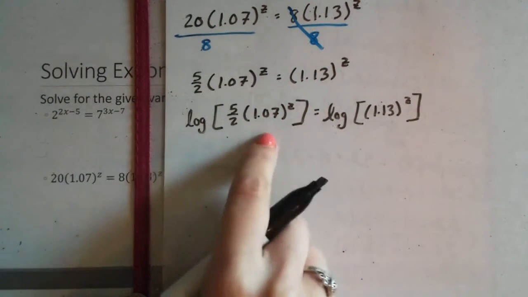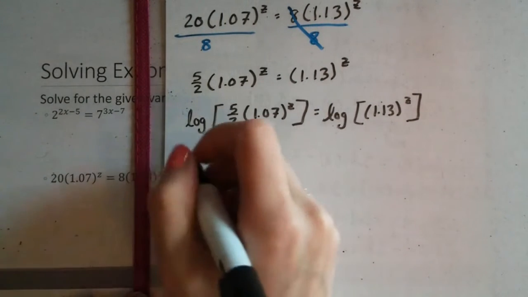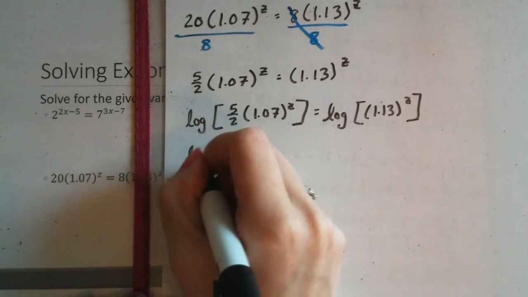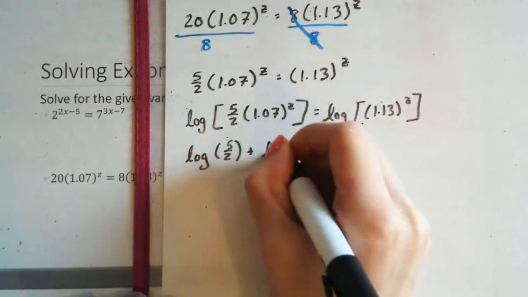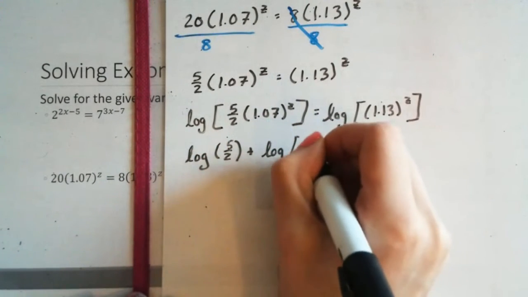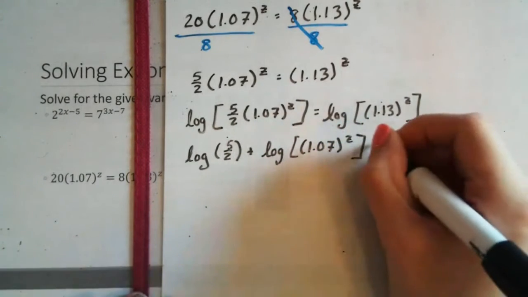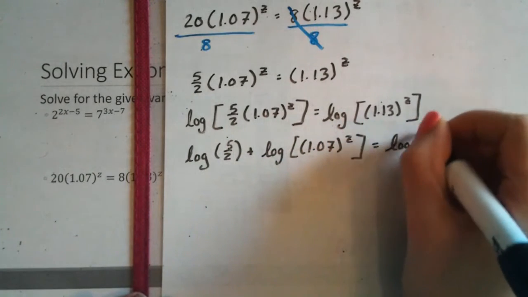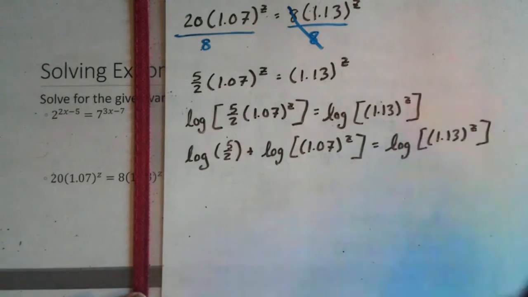Now this side, I have multiplication going on. So that means I can break this into two logarithms added together. I have the log of 5 halves plus the log of 1.07 raised to the z. And I haven't touched the right-hand side. The log of 1.13 raised to the z.